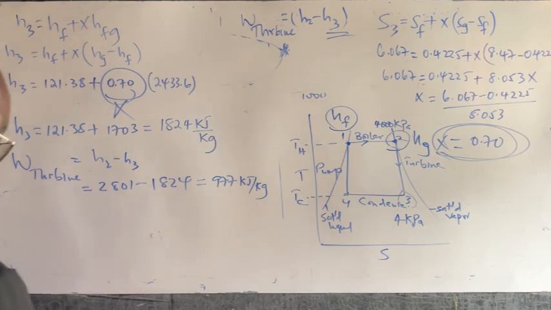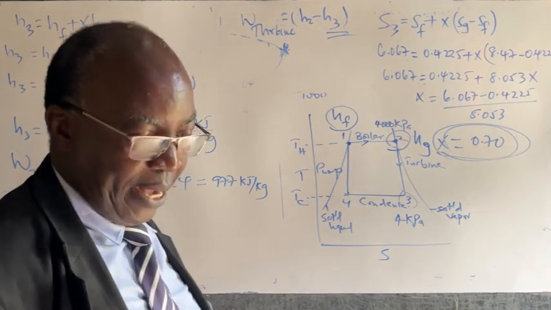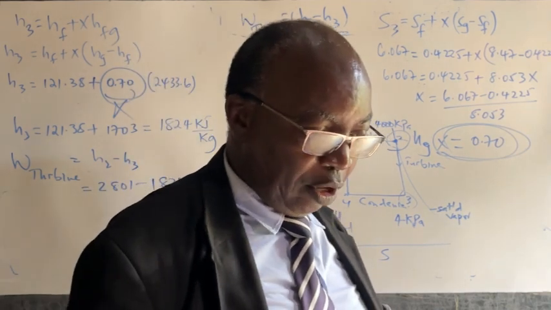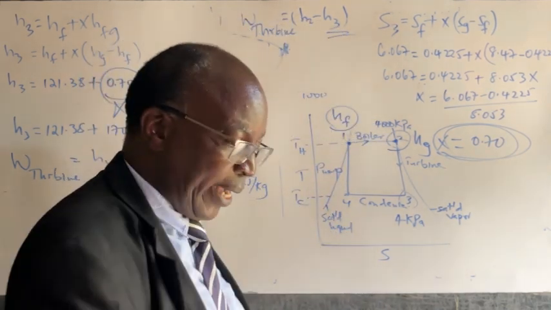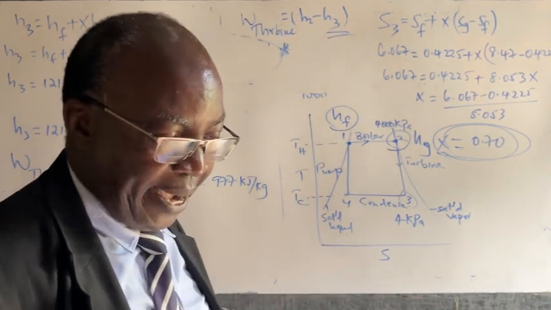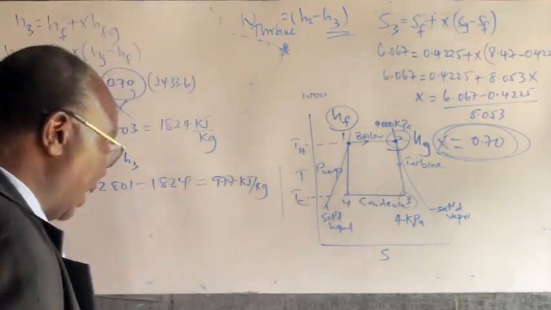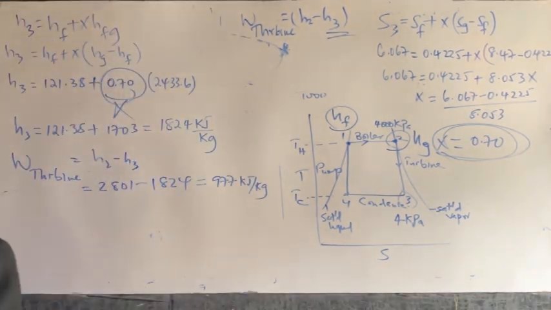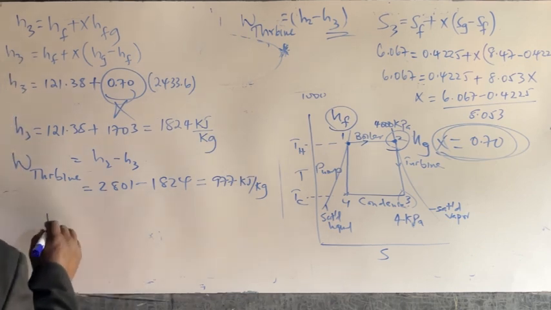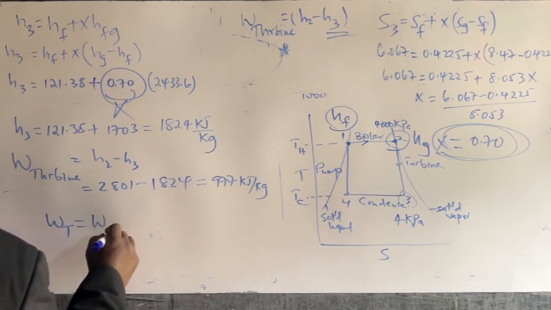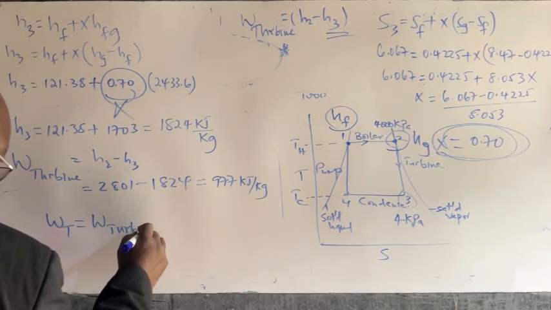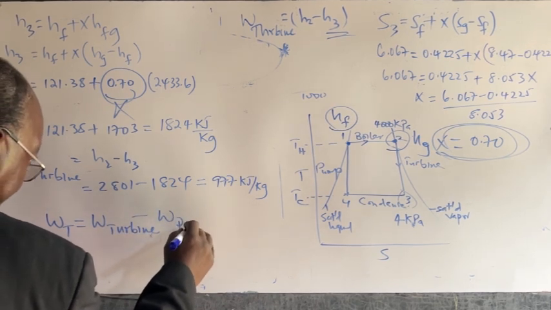Now, remember for the compressible work, because we talked of the work output as being W turbine minus W pump. So we can get that for the pump by simply saying W total was W turbine minus W pump.